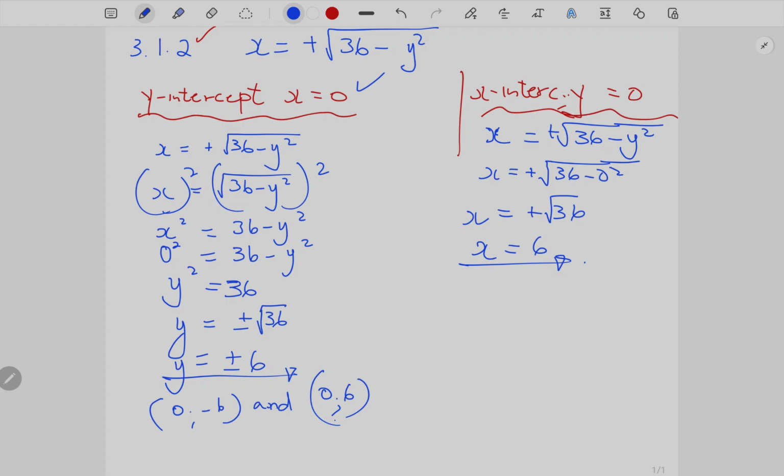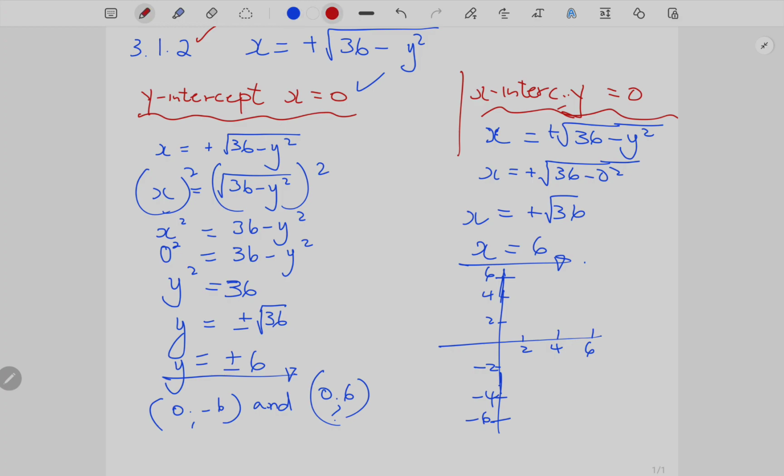Okay, so now we can sketch a semicircle. We've got, let's say, quickly, this is 2, 4, 6, and this side it's negative 2, negative 4, negative 6. Now let's plot the points that we have.